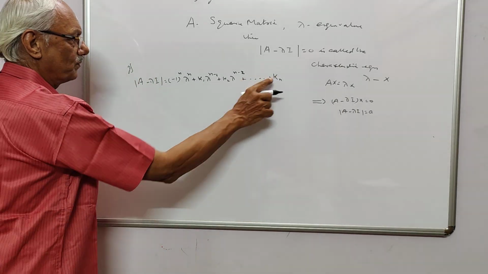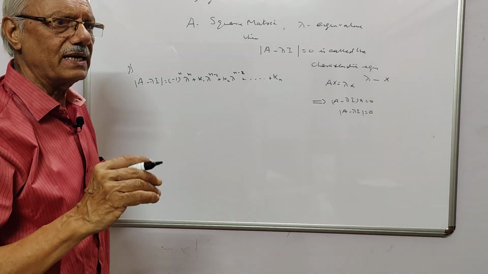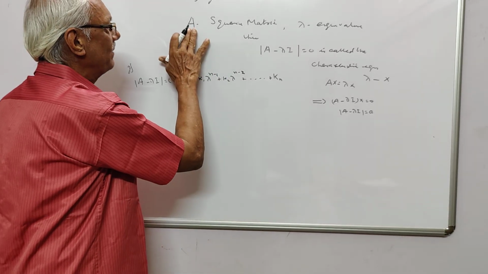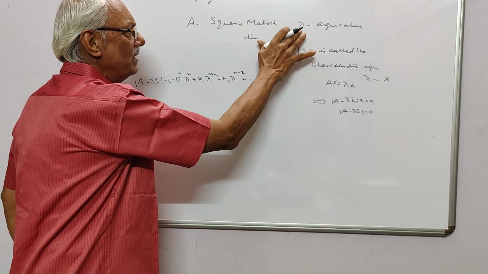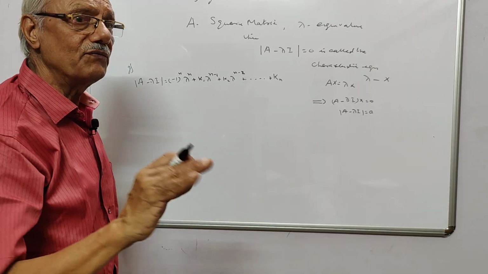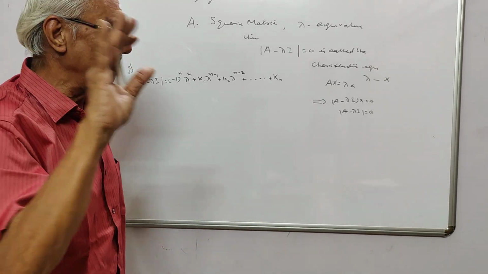This is what you'll have. So this is called the characteristic equation for the given square matrix A, where lambda happens to be the eigenvalue.